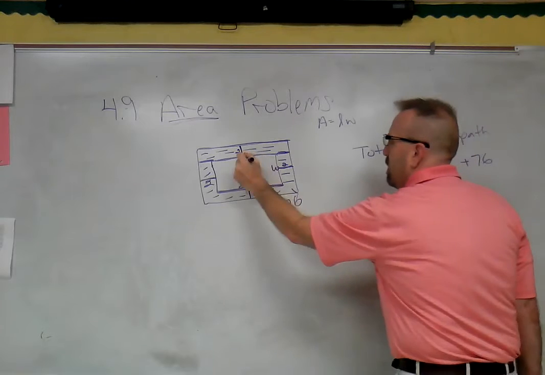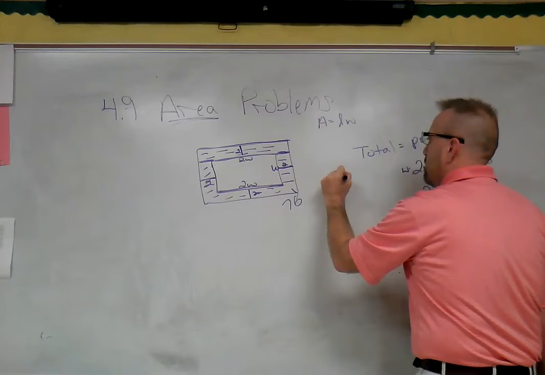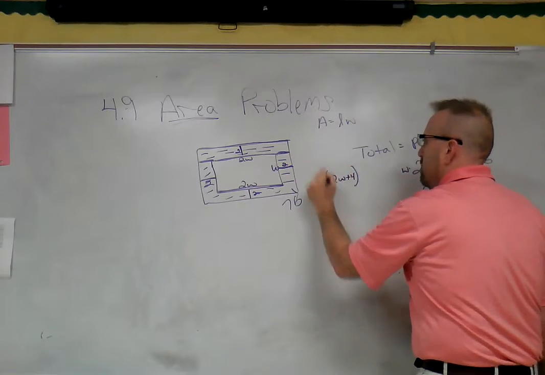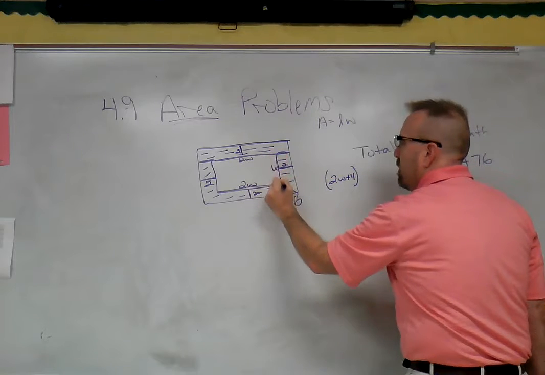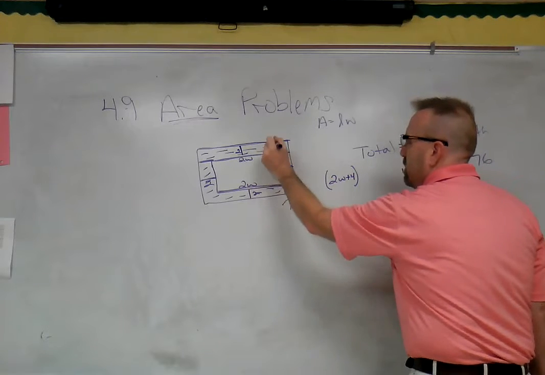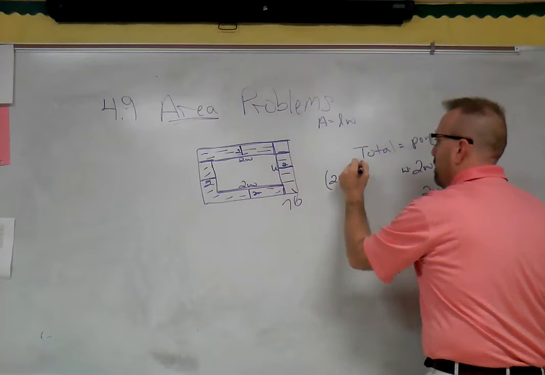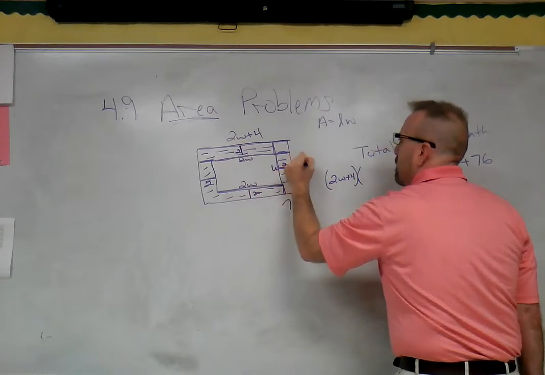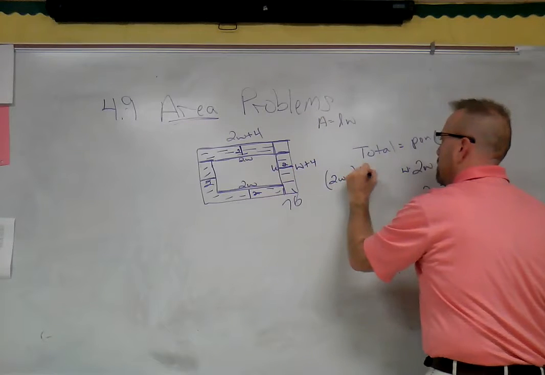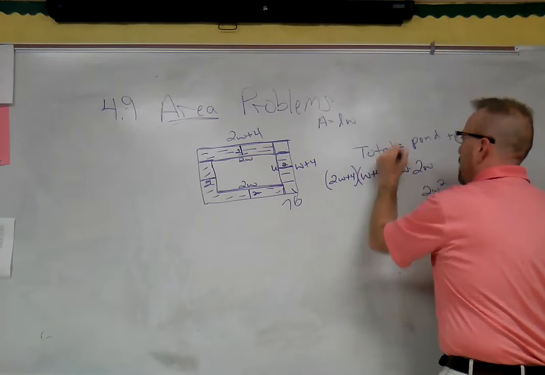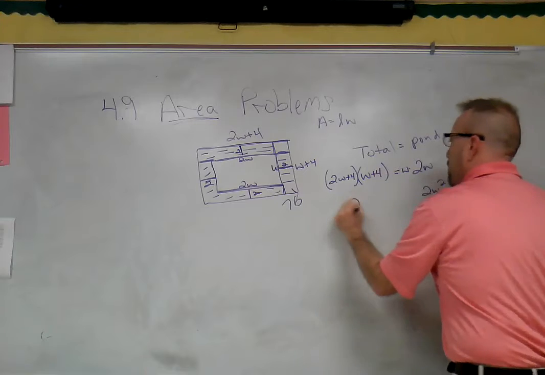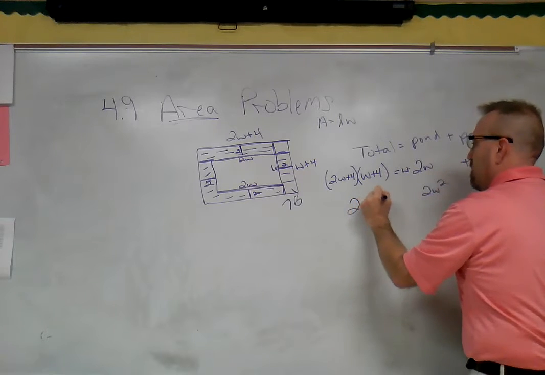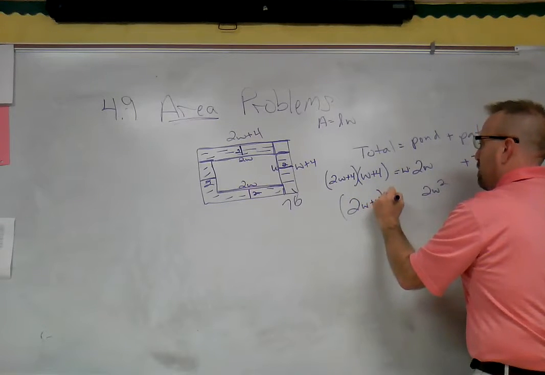So 2W plus 4. And then we know this is W plus 2 plus 2, which is 4. So this one's 2W plus 4. This is W plus 4. And then here's our equals. So 2W plus 4 times W plus 4.